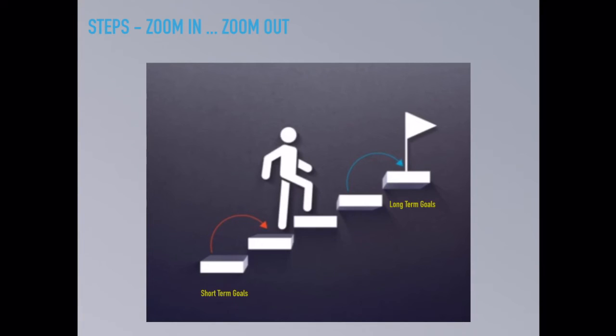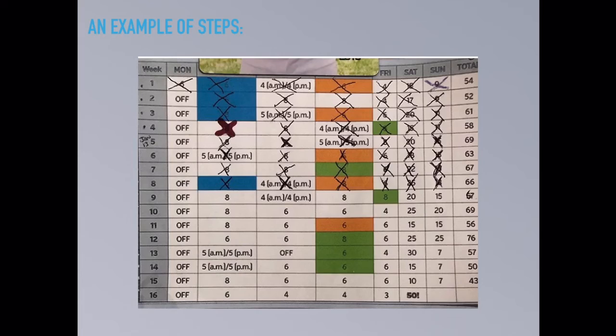Just like the example of the person trying to become a restaurant owner, there are short-term goals or steps that will take you up to your long-term goals. In this example, this person is training for a race.